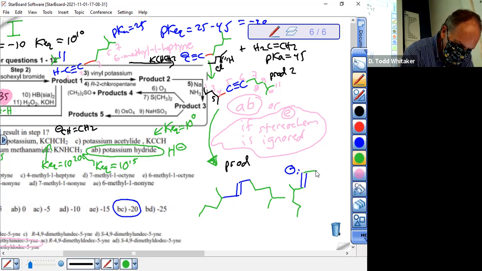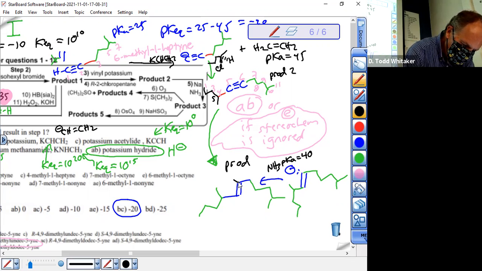Then it goes to here. And it's NH3 with a pKa equals 40. And now it's alkene with a pKa of 45.